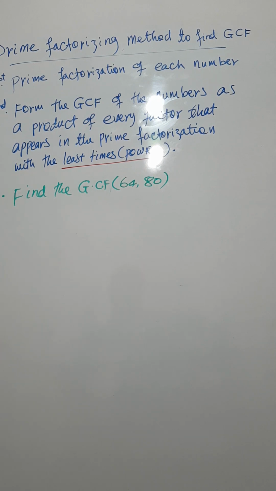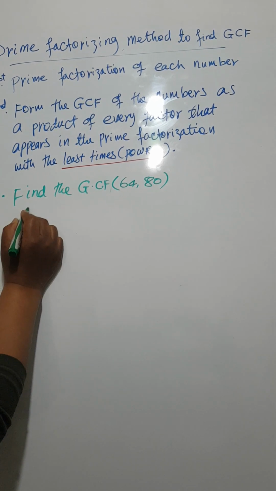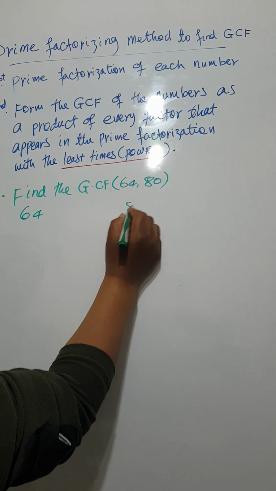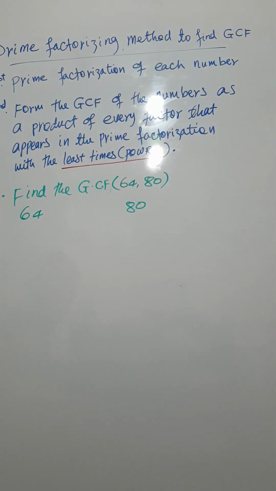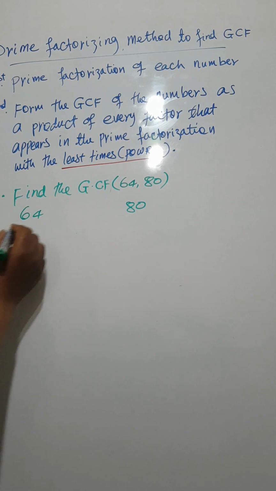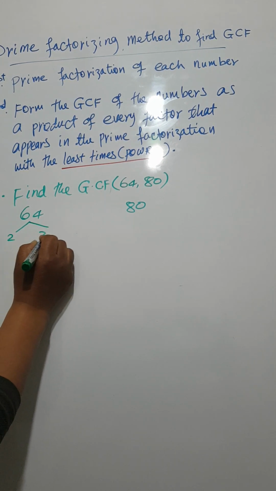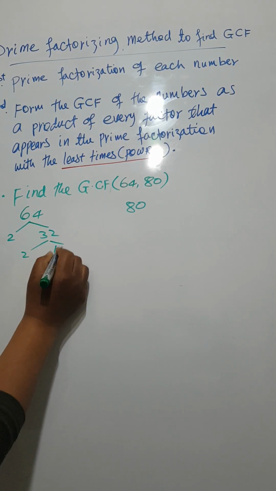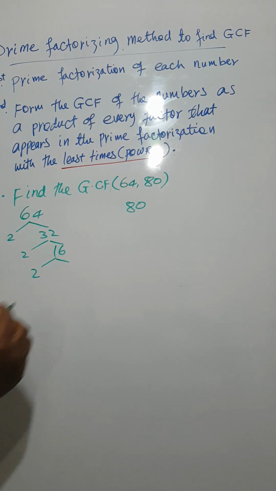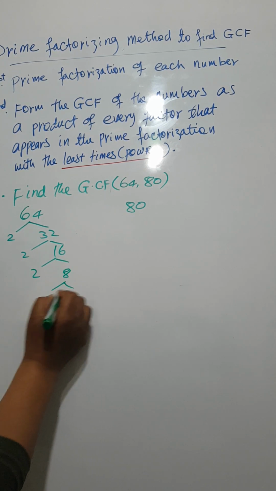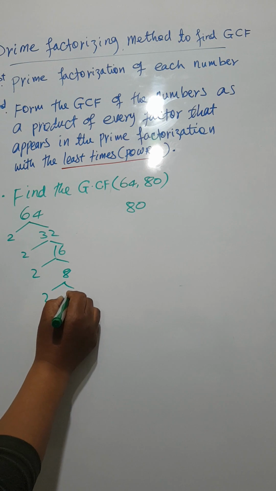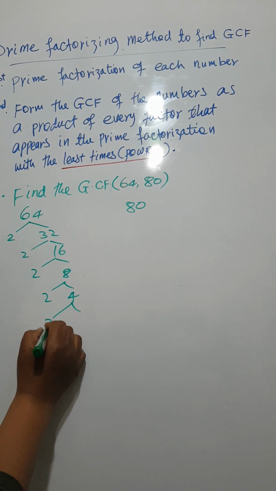Here, the first step is prime factorization of each number. Here we have 64. So, 64 divided by 2 is 32, by 2 is 16, by 2 is 8, by 2 is 4.